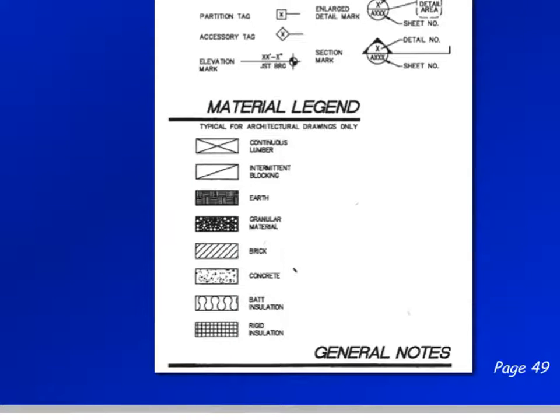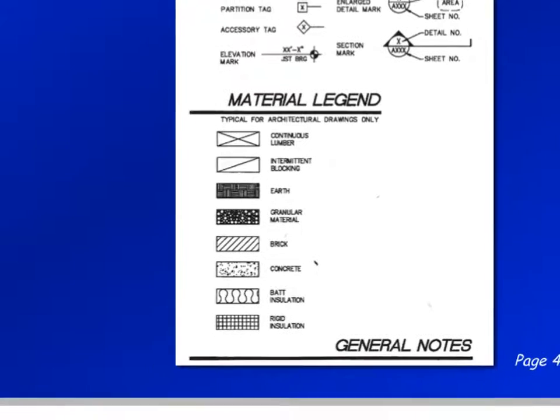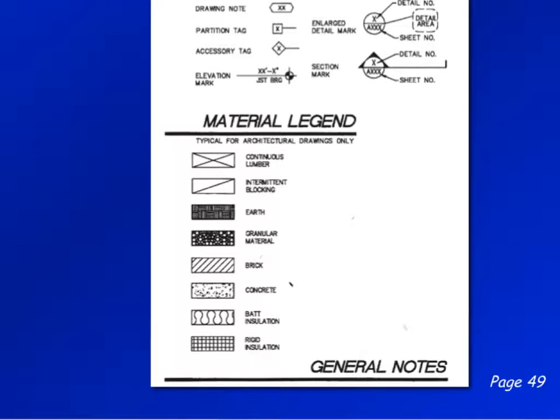To identify common type materials such as, let's get the marker back here, such as earth or granular material. Brick is real common, shown by these angular lines. Obviously, concrete is a real common material, shown by all these little dots and pencil mark lines.